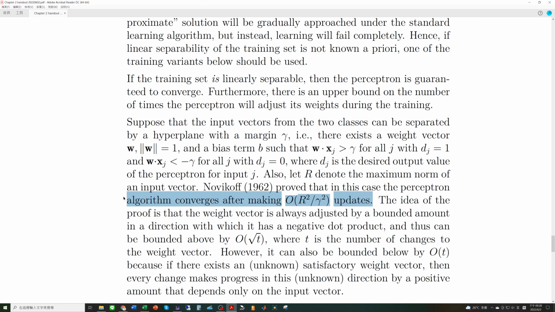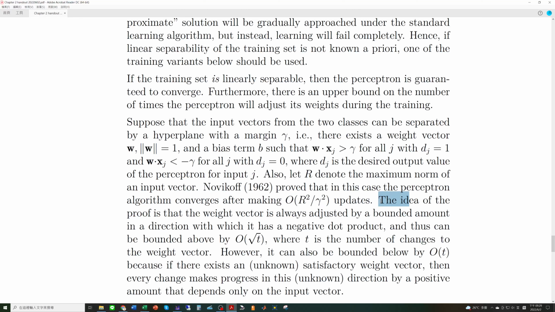I think you know that big O is a measure to evaluate the complexity of an algorithm, usually the time complexity.